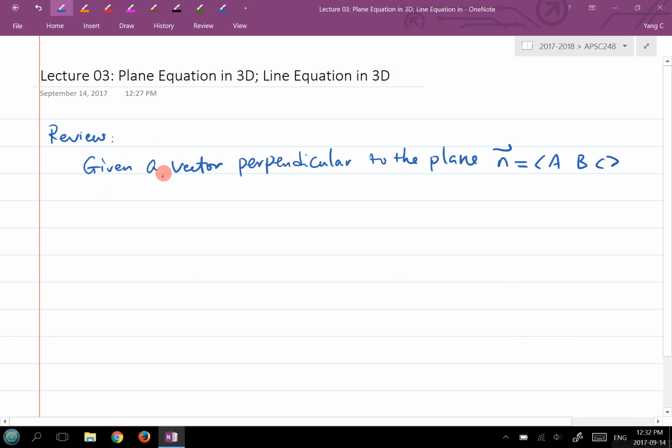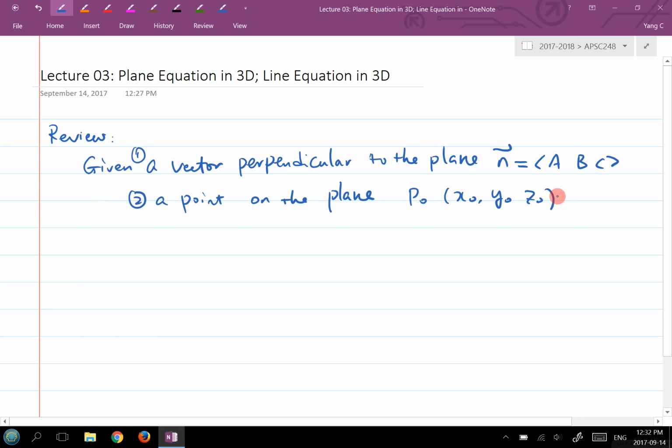This is the first one you need. The second one, you need a point on the plane. Let's say I have a point P0 with the coordinates x0, y0, z0. With these two pieces of information, you're ready to write down the plane equation.